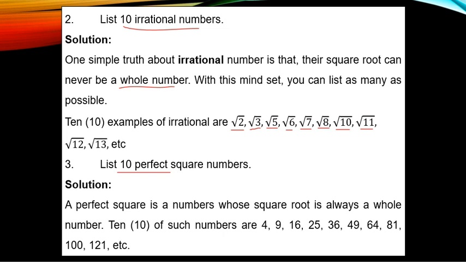So such numbers are 4, you have 9, you have 16, 25, 36, 49, 64, 81, you have 100, 121. That is the first 10. There are others like 225, you have 169, you have 196, you have 400, 900, and so on and so on.